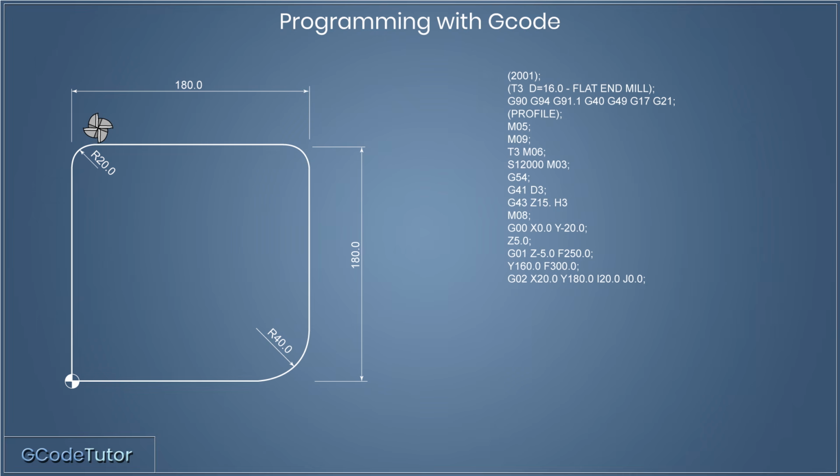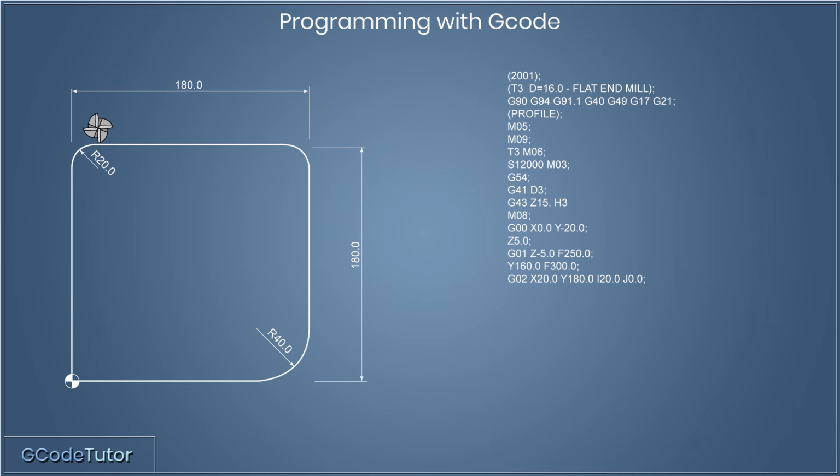But when it comes to defining the center point of the radius, that's incremental. So I would be 20 millimeters, as that's 20 millimeters away from the start point of the tool along the x-axis, and Y would be in line with the tool, so this would be 0. So J would be 0 as that represents Y.